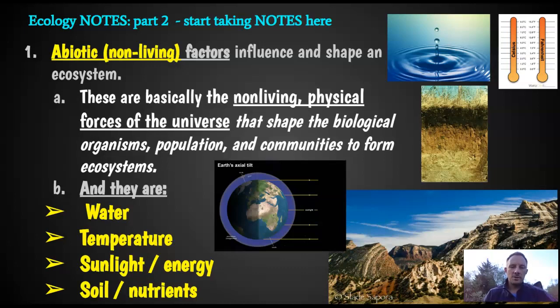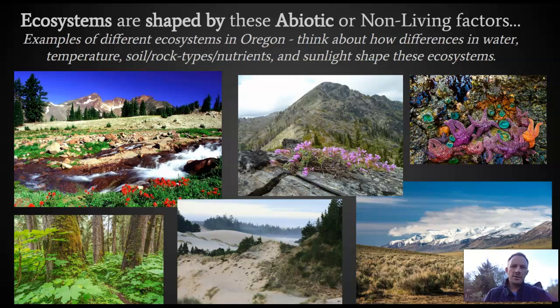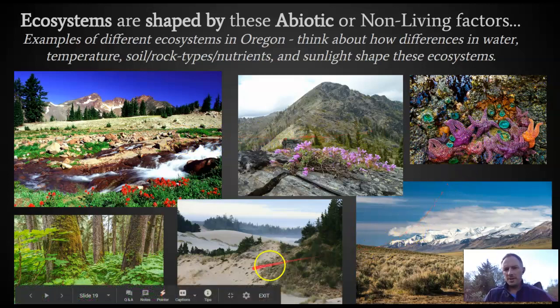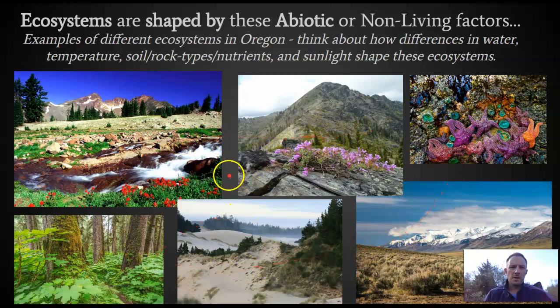So the abiotic factors shape an ecosystem. Ecosystems are shaped by these non-living factors, and just looking at Oregon here, you can see examples of the different ecosystems that exist just within our state alone. You've got the high Cascade Mountains here, the alpine areas. Now you may think this is high Cascades over here, but this is actually Southern Oregon serpentine forest, and this photo is probably shot at an elevation of 3,000 feet, where you can look behind us and see forest-covered ridges at that elevation.